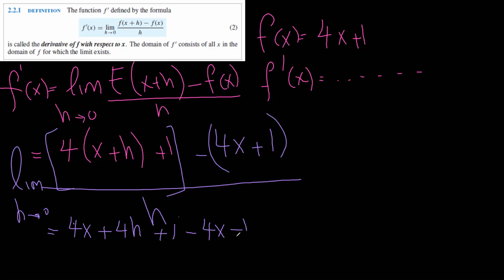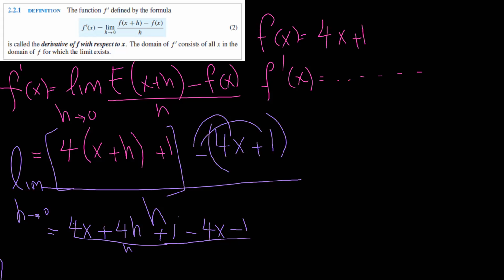Don't forget, you have to distribute the negative sign into both terms, over h. Then what do you see now?